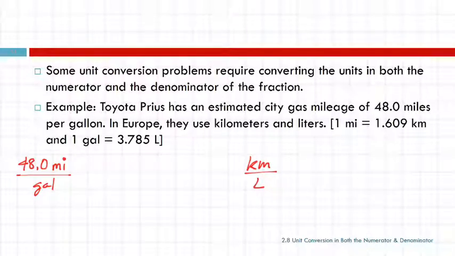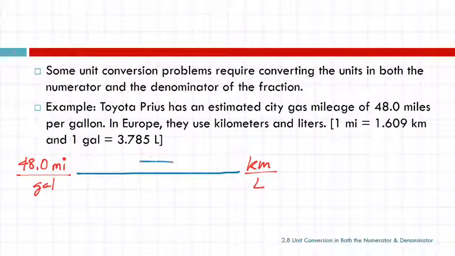So what I like to do here is look at them separately. So I'm just going to continue this fraction line, and I'm going to look at what's going on top and what's going on in the bottom. So in the top, I need to get miles to kilometers. Well, they gave me the relationship between miles and kilometers, so I can do that in one step.